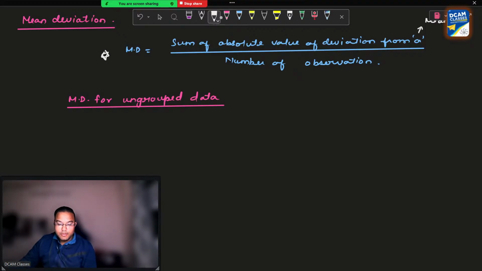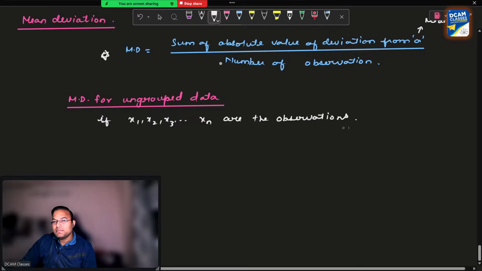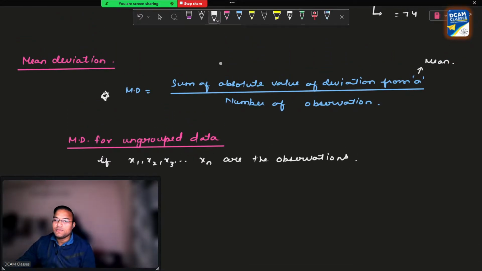Mean deviation of ungrouped data, if x1, x2, x3 up to xn are the observations, then it can be the deviation from the mean or median.